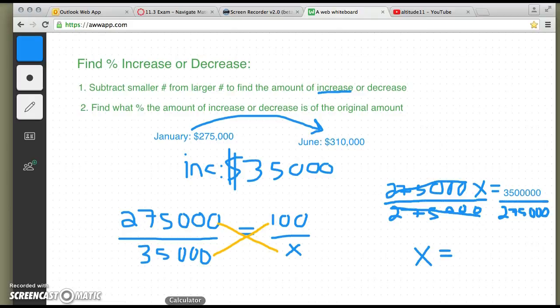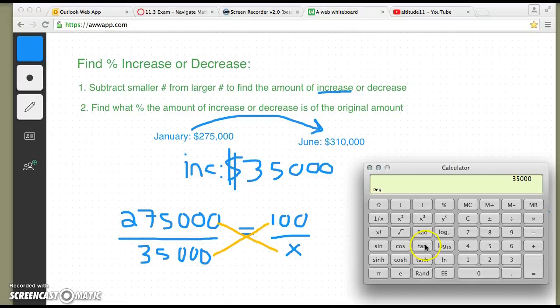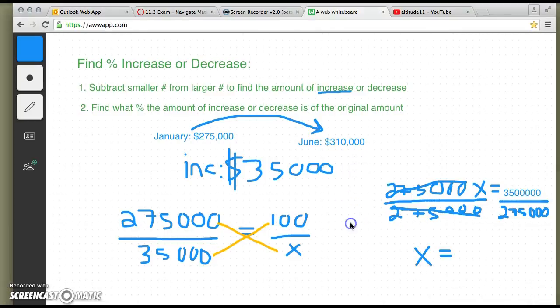So 3,500,000 divided by 275,000 equals. So we have 12.72, and it appears that that would be repeating.